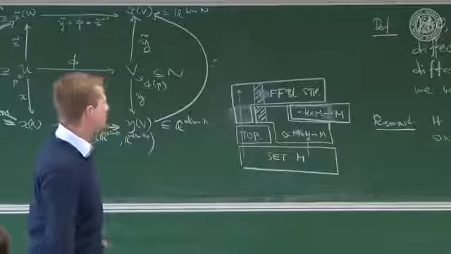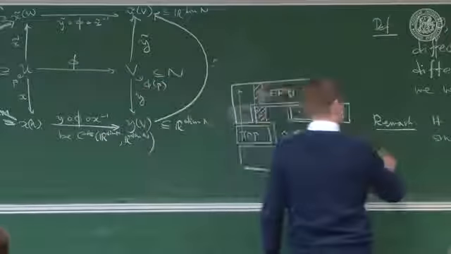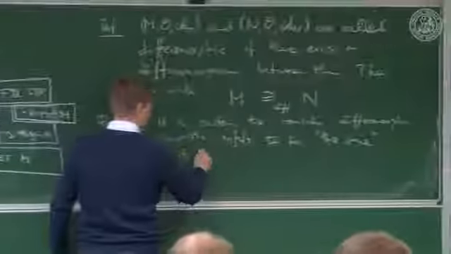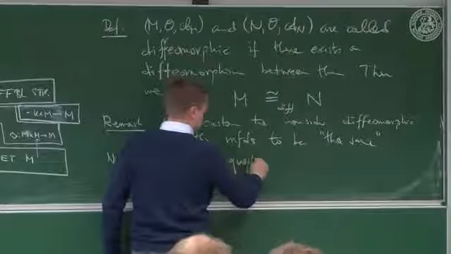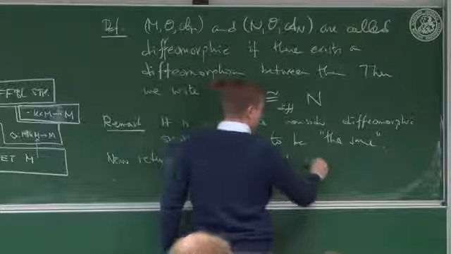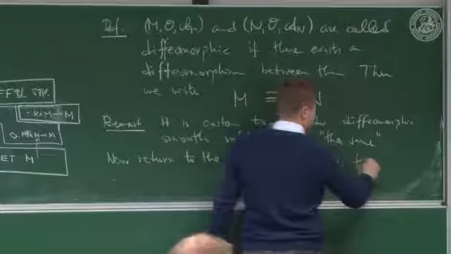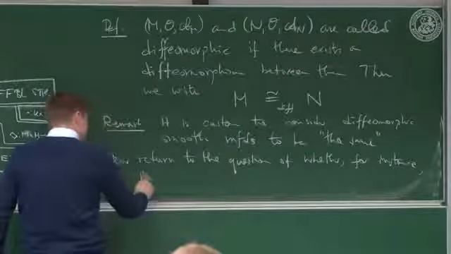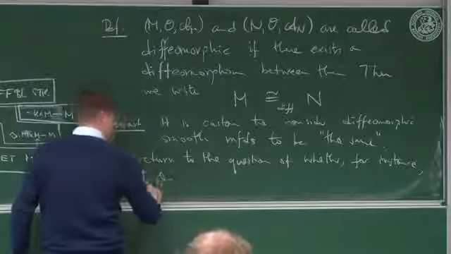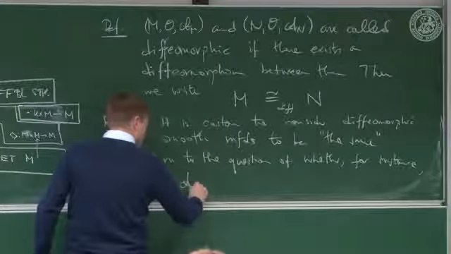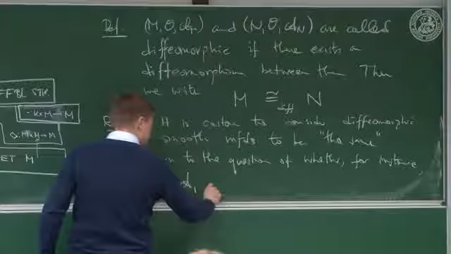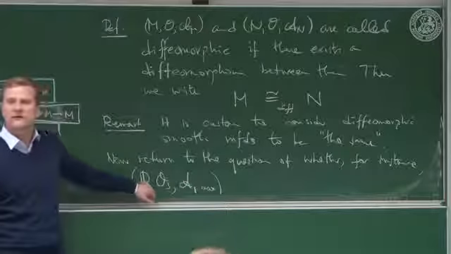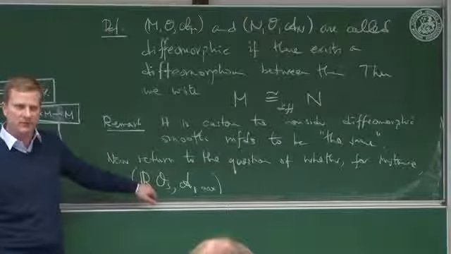So now return to the question of whether, for instance, we consider the real line equipped with the standard topology, but we equip it with the maximization, the extension of this atlas A1 we constructed for the real line. You remember the previous example?